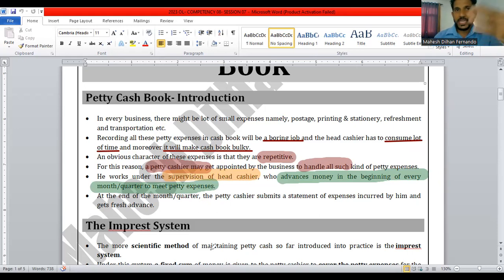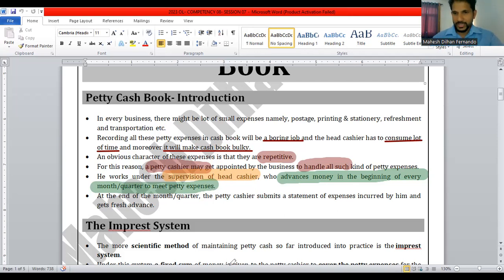It is something like this. Every day your father gives you money, to most of you. Why is that given? To spend on your day-to-day expenses. So likewise, every month, the main cashier is handing over a fixed amount of money to the petty cashier.